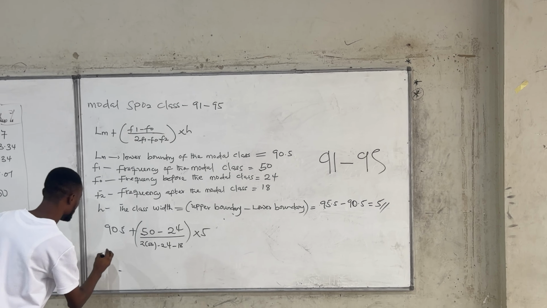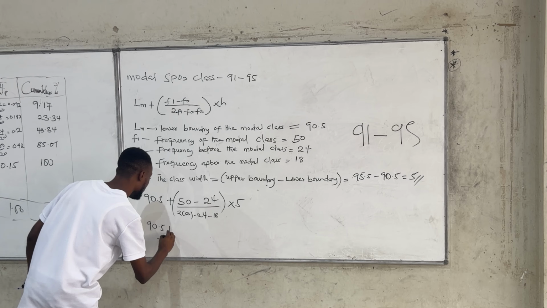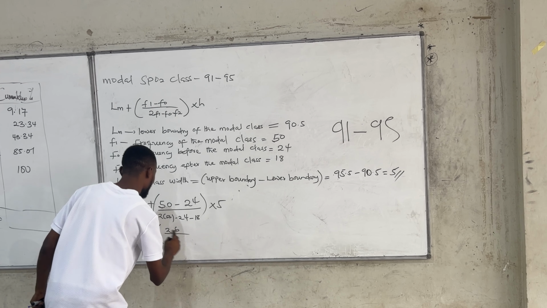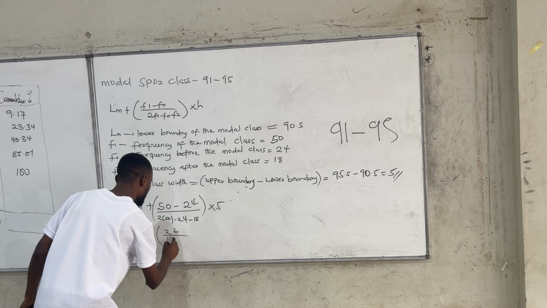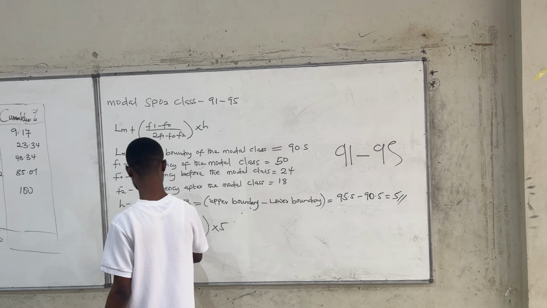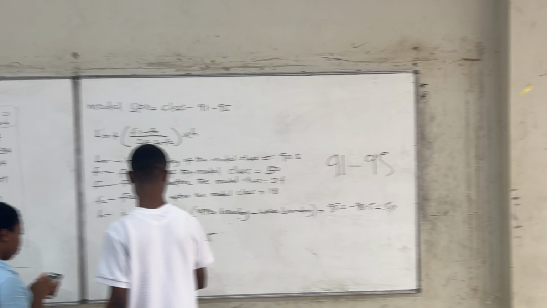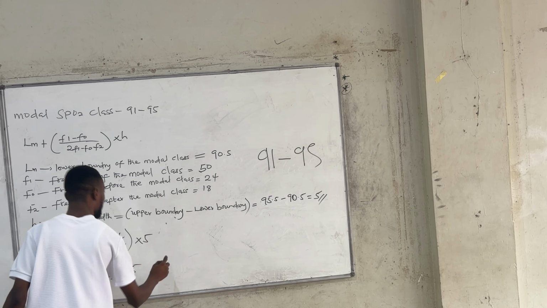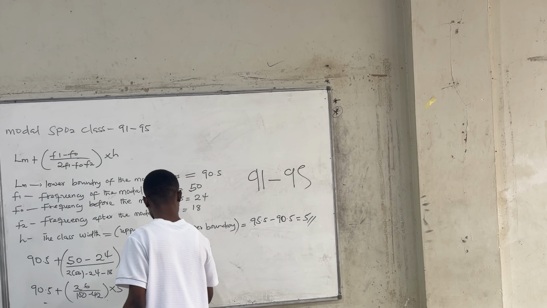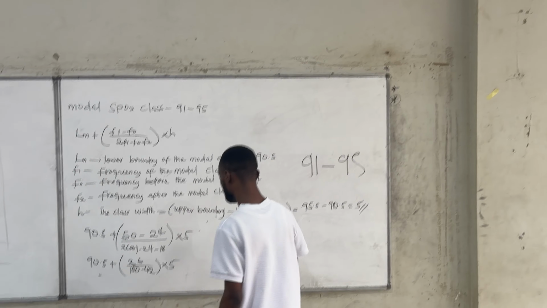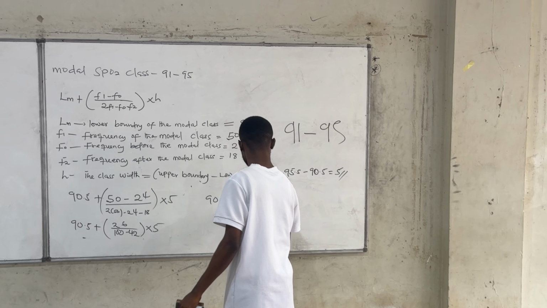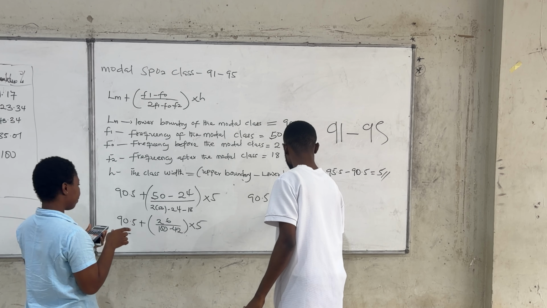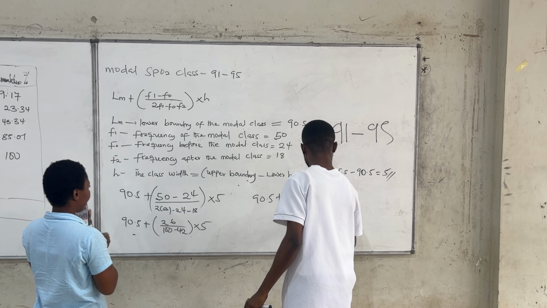So let's punch it. 90.5 plus, this one will give us 26 divided by 100 minus 42, that is 58, times 5.